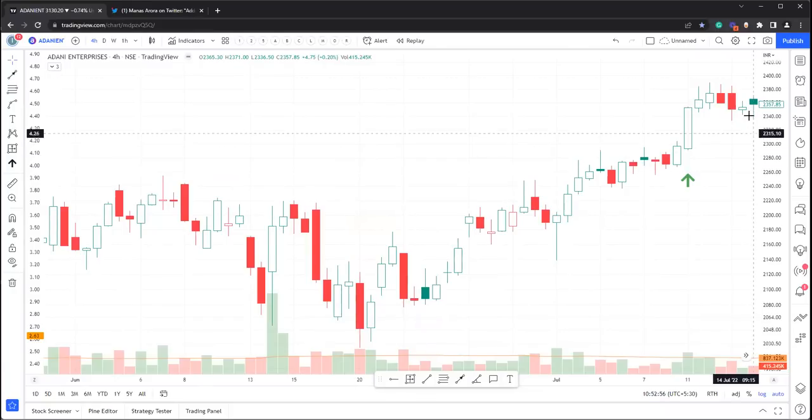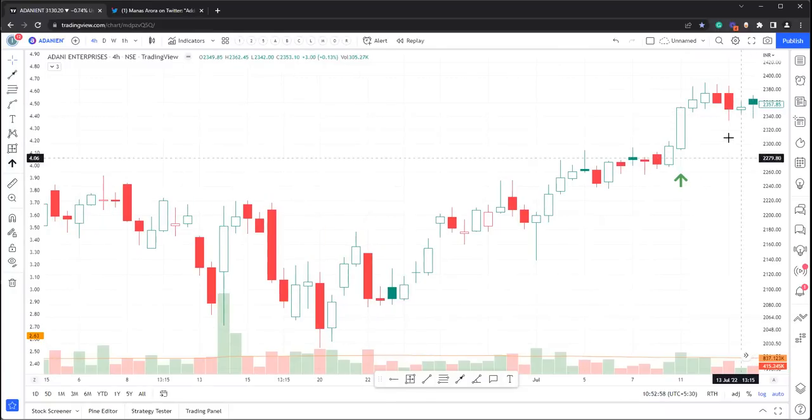So this is the bar of 14 July, the morning bar. Usually 4 hour charts have 2 bars only. So one ends at 1:15 and then the second ends at the day end. So this is how the first bar closed on that day.